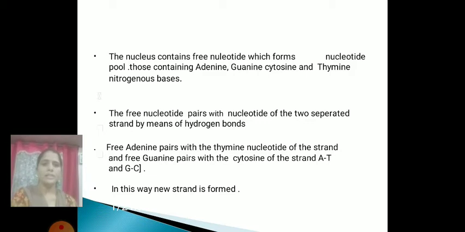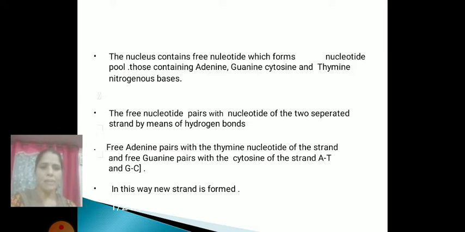We know that DNA is present in the nucleus. The nucleus contains free nucleotides which form the nucleotide pool, containing free adenine, guanine, cytosine and thymine nitrogenous bases. The free nucleotides pair with the nucleotides of the two separated strands by means of hydrogen bonds.